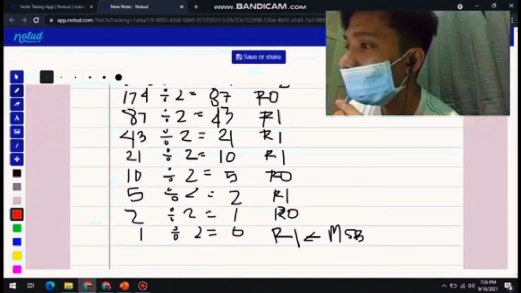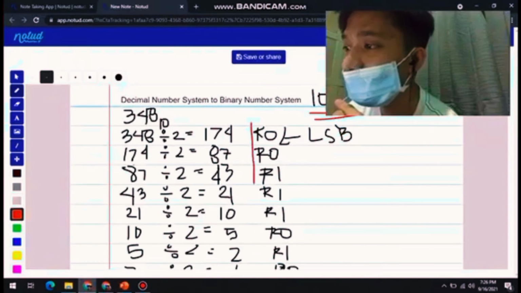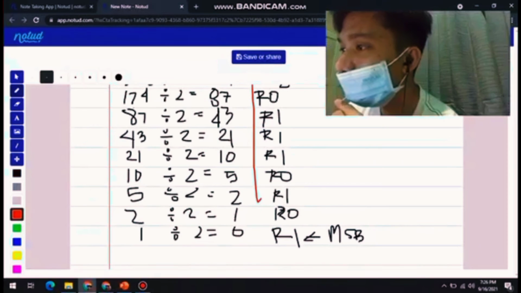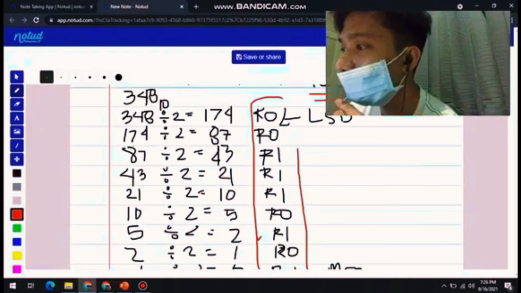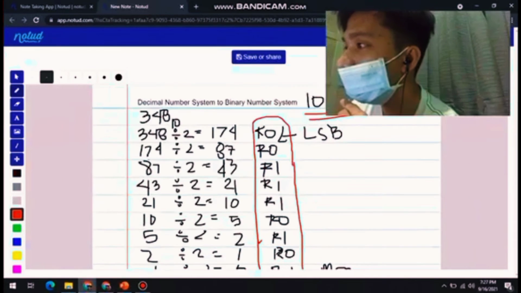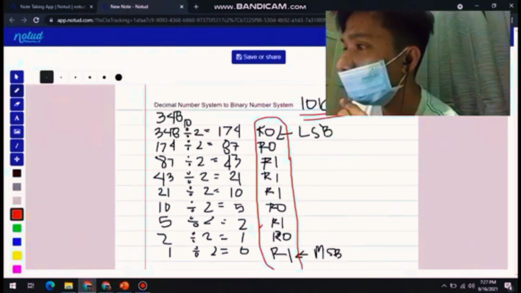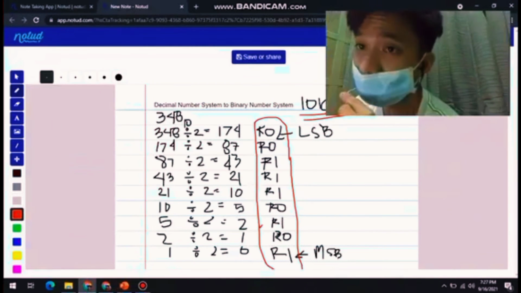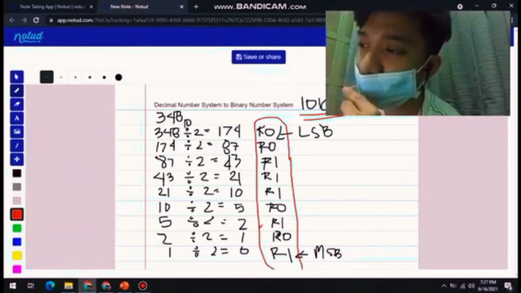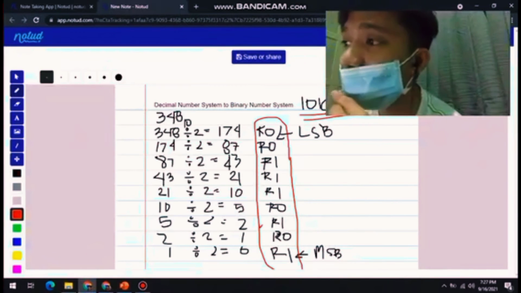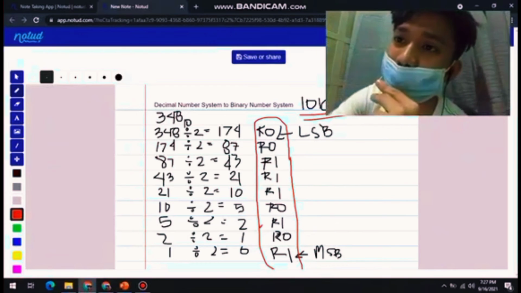Wait, I will just highlight this answer so you can see it fully. Just as simple as that, you can convert the decimal number system to the binary number system.